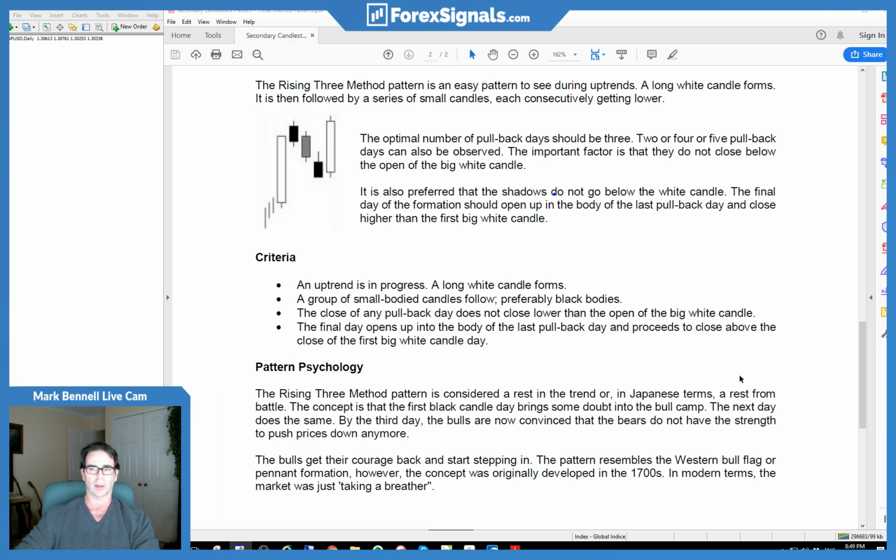So a rest from battle. The concept is that the first black candle day brings some doubt into the bull camp. The next day does the same. By the third day, so this is the third one here, the bulls are now convinced that the bears do not have the strength to push prices down anymore. So we're still contained in this. And those of you that know from the discussions, this big dominant candle has its own support and resistance.